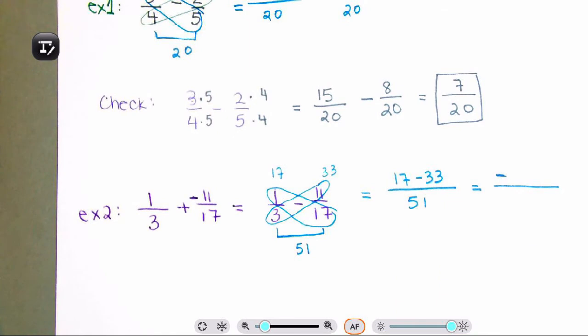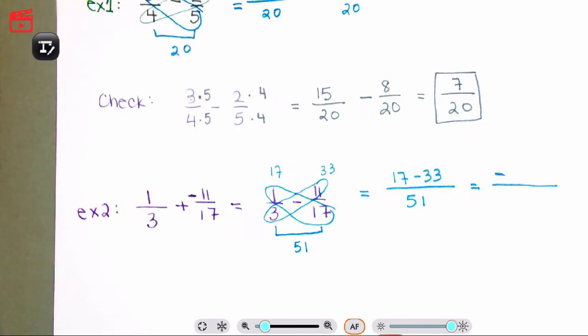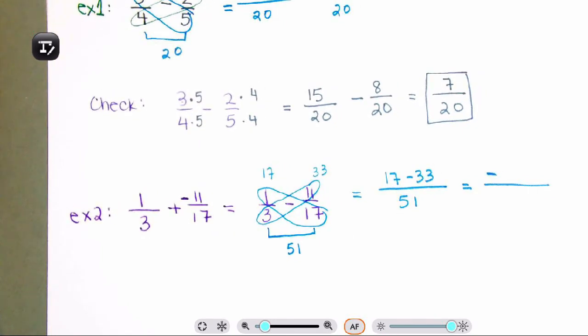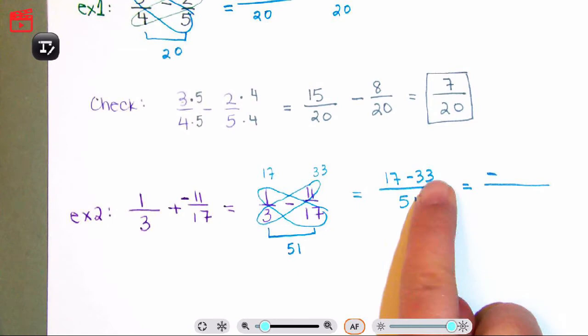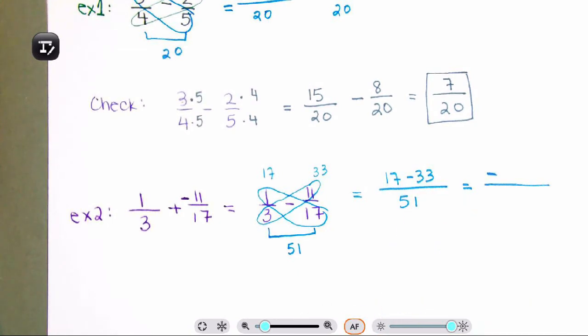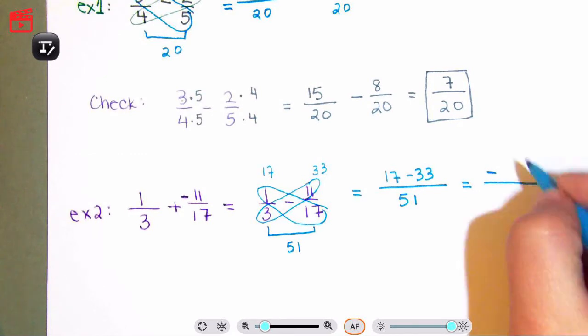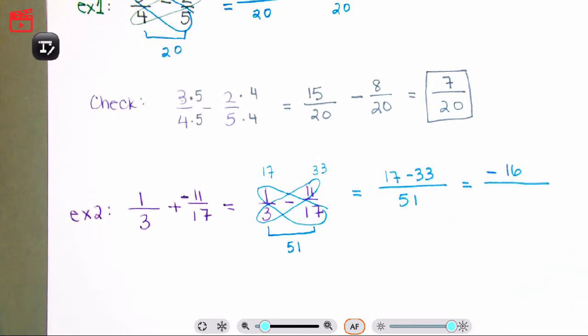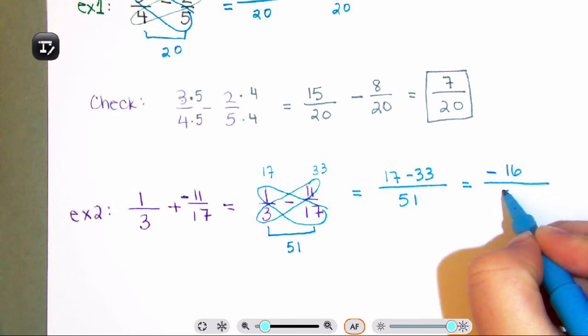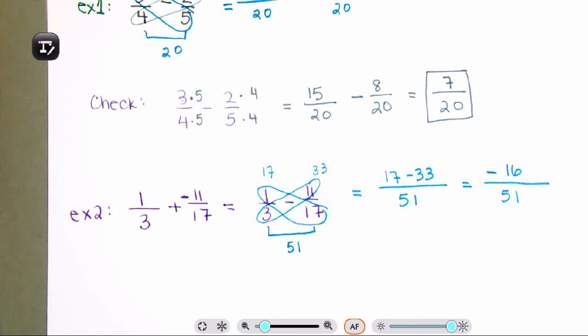So I know my answer is between 10 and 20, but I know that 20 is too much and 10 is too little. So by how much more is 20? So I need to take away 4. So it's going to be 16. So if I do 17 plus 16, that should give me 33. And so then I have negative 16 over 51.